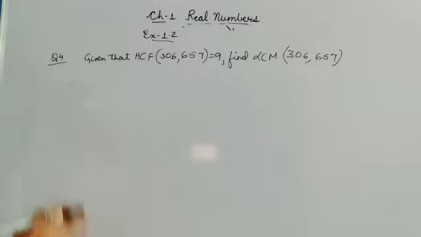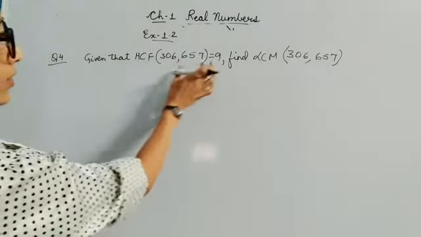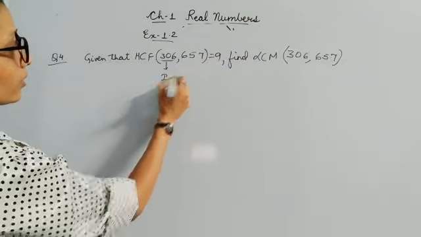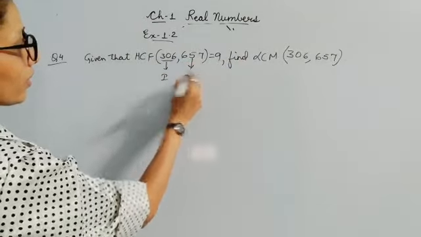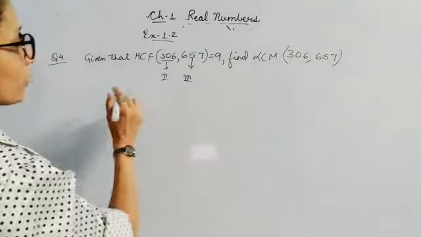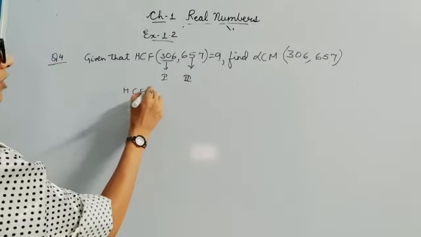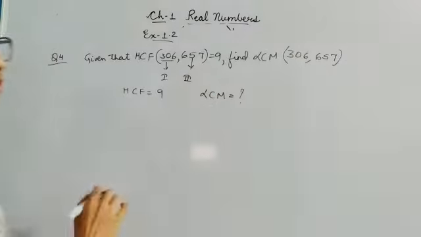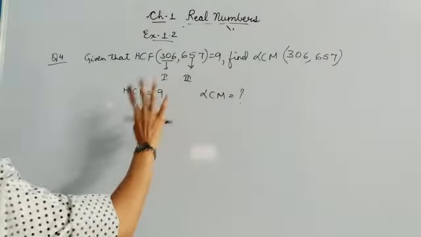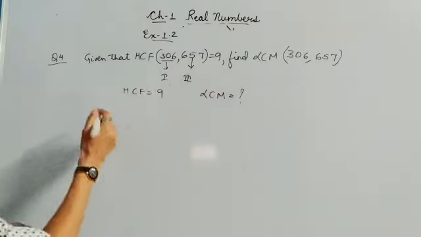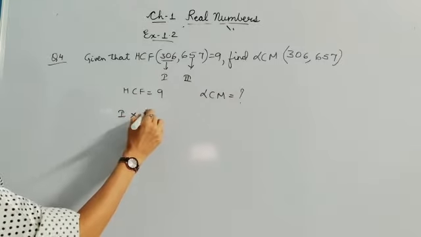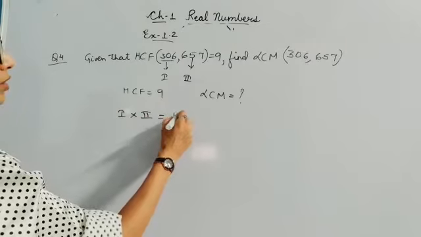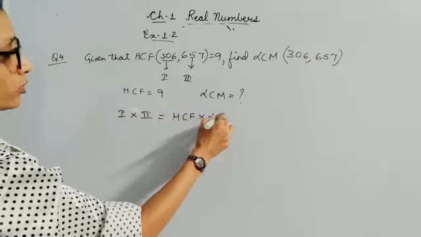If your question is given like this, that this is your first number, this is your second number, and HCF is given to you as 9, and you have to find out LCM. So if I know 3 of the things out of these 4, then I can apply this formula, one number into second number equal to HCF into LCM.